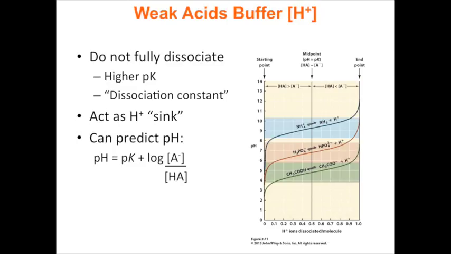They will buffer changes in pH inside the cell. We don't want large changes in pH. We want small changes in pH, and these collective molecules will ensure that no excessively large changes in pH occur.